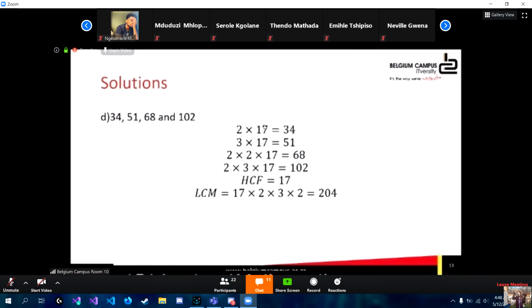Then the last one, the LCM of 34, 51, 68, and 102. The highest common factor there is 17, and the LCM is 204. Are there any questions on prime factorization, HCF, and LCM?